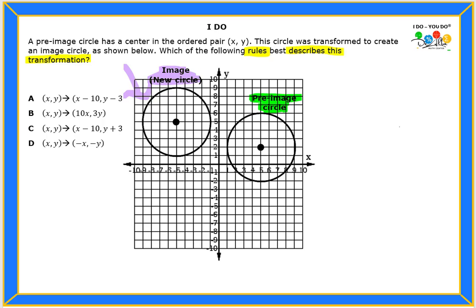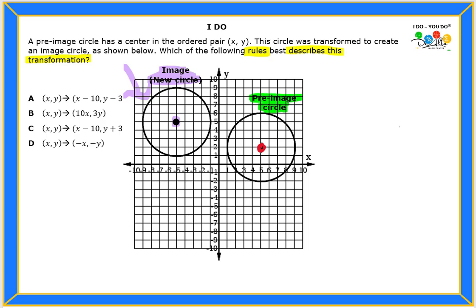With that in mind, we are going to use the center of the circle, right here in the middle, to identify what kind of movement is happening from there to my new one, right here. It could be a translation, a reflection, or a dilation.